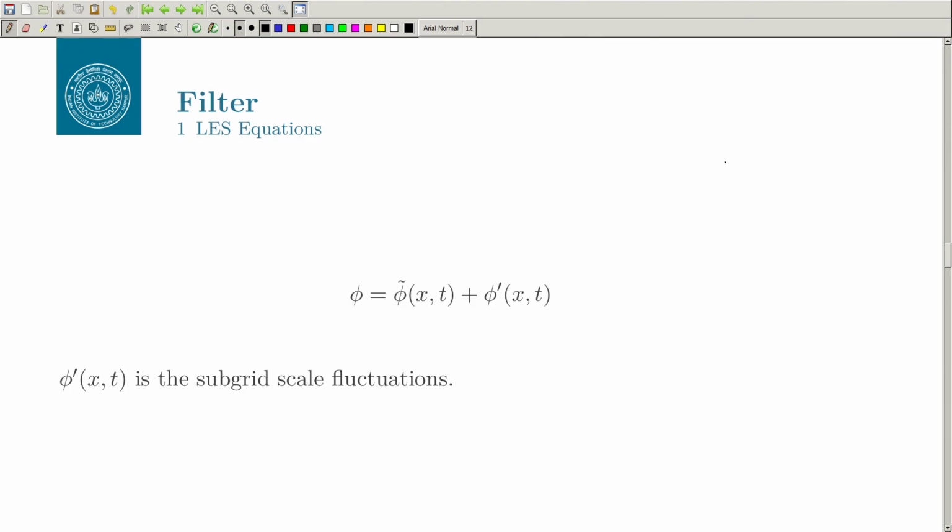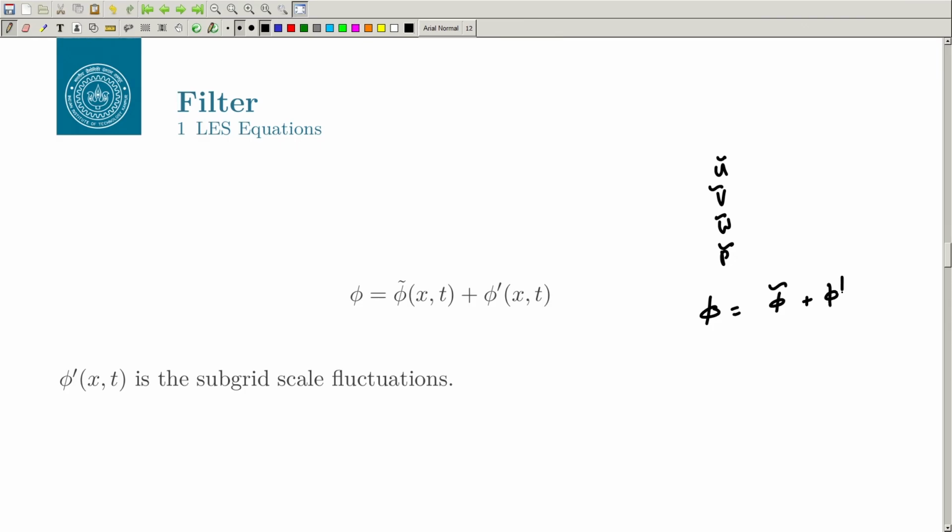Now that we have filtered our variables u, v, w, p, etcetera, we can write the full variable or full signal phi as phi tilde plus phi prime.